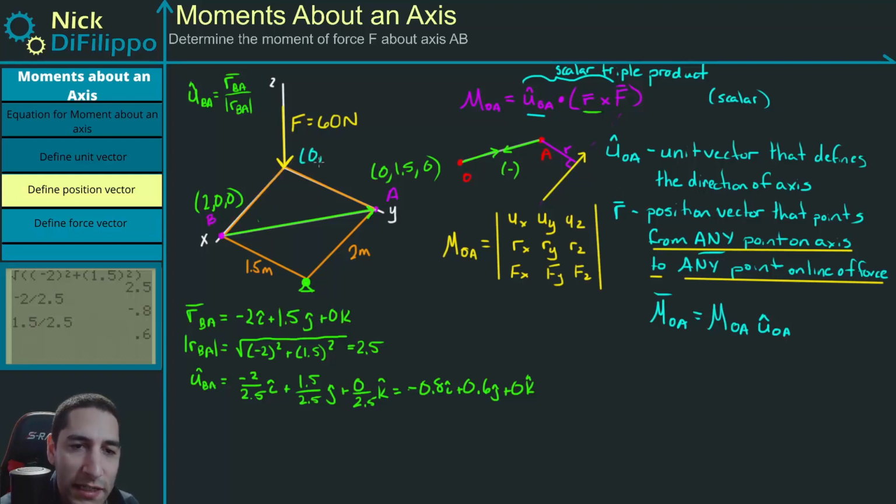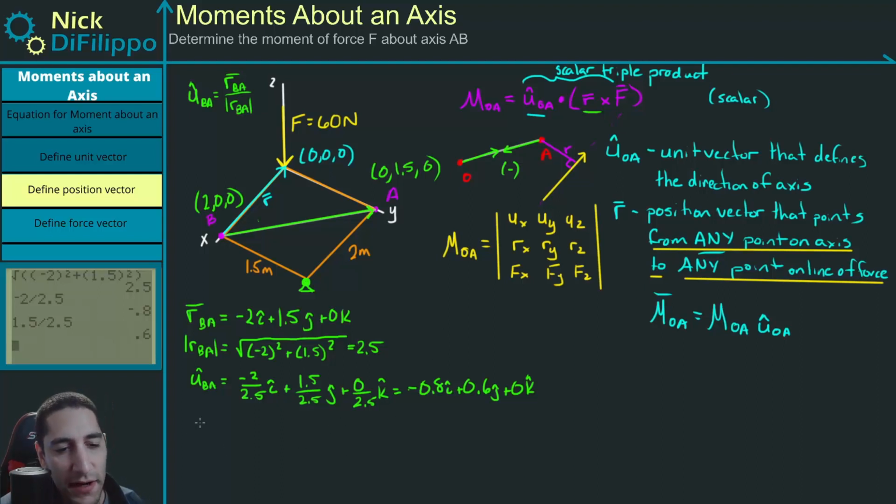The origin's a really nice spot, right? It goes 0, 0, 0. So I can either find my position vector here, or I could find my position vector here. It does not matter. I'm going to use the position vector from B, but you can use the position vector from A and do it yourself, and you'll get the same answer.